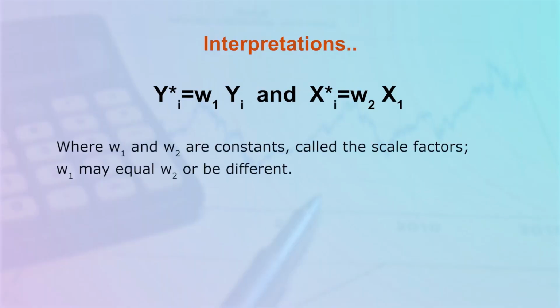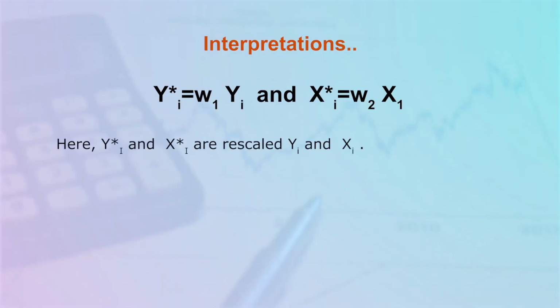The original independent variable xi is multiplied by the weight W2, and we get xi star. So W1 and W2 are basically constants, and they are the scaling factors. For example, if we have billions or millions, then we multiply by 1000 or 10,000 in order to get uniform scaling.